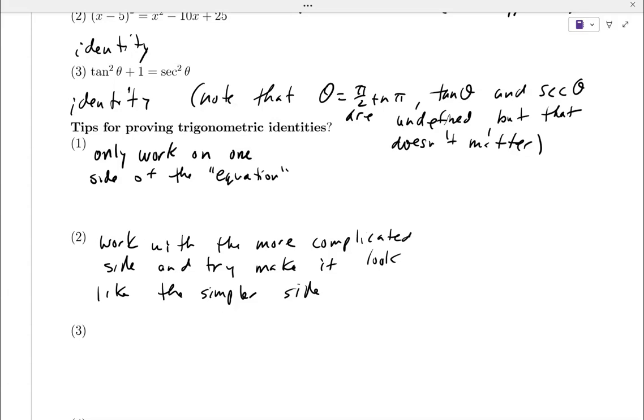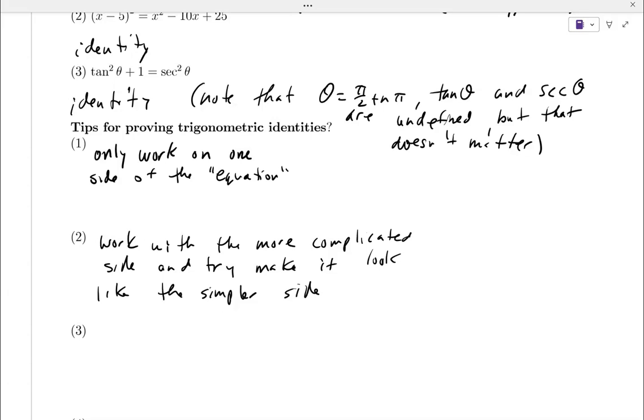So what I mean by that is it's typically a lot easier to put things together than it is to tear things apart. To give you an example, is it easier to multiply 15 and 17 together than it is to try to figure out how to factor something into 15 and 17? It's a lot easier to multiply than it is to factor, right?